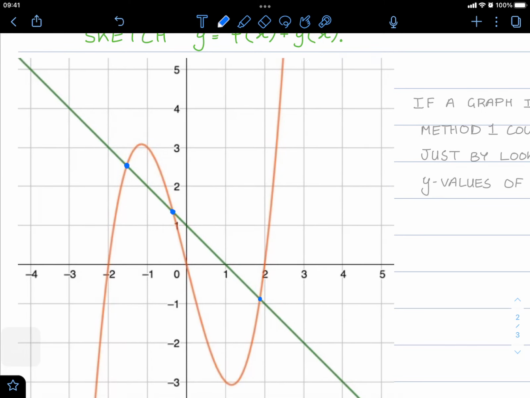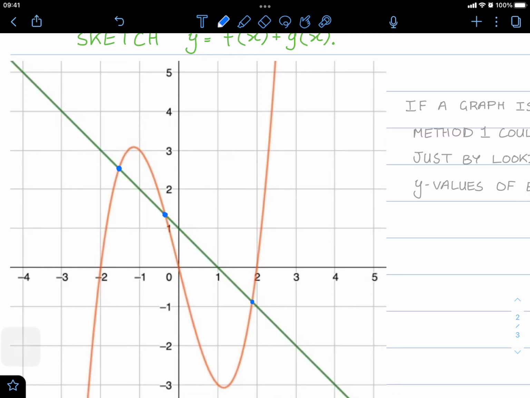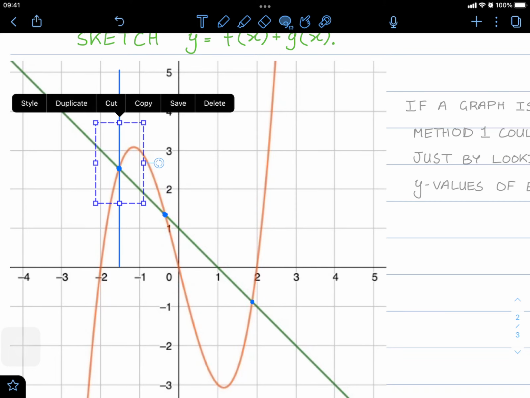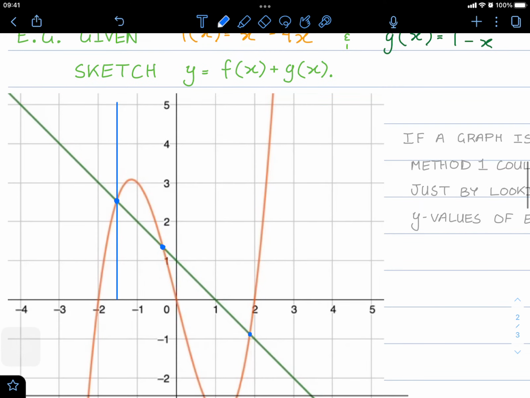Now from these points, we take this height, because remember, function values are really just heights against the x-axis. So we take this height, like so, and we double it, 2 times that function value. So we are up there now.